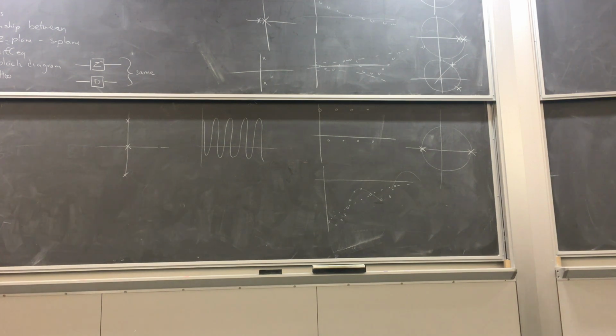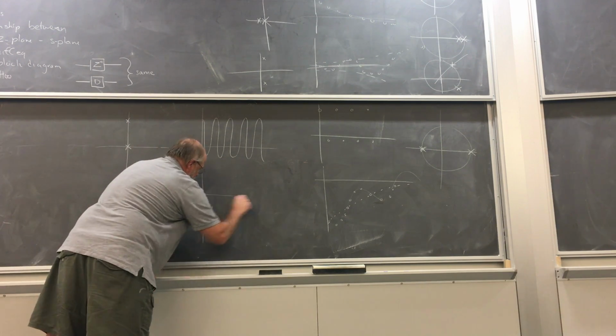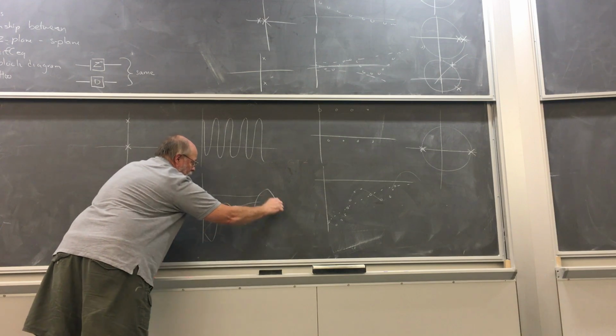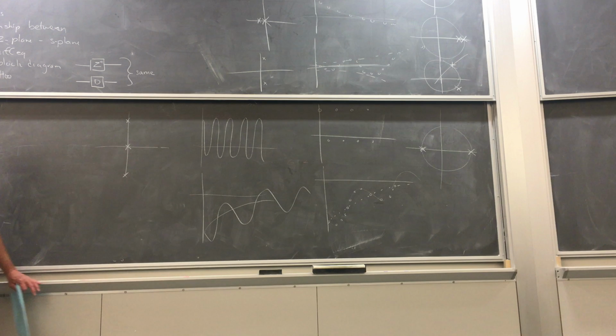The sinusoid itself does not get bigger or smaller in amplitude. It remains always the same. So back to this thing, if we think about a signal here that did something like that, what would we think of in terms of the poles?